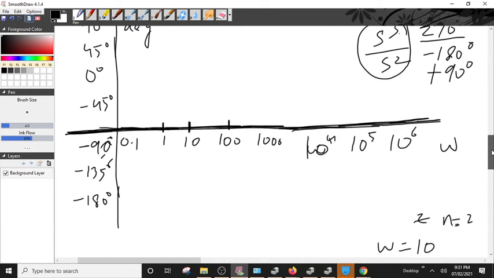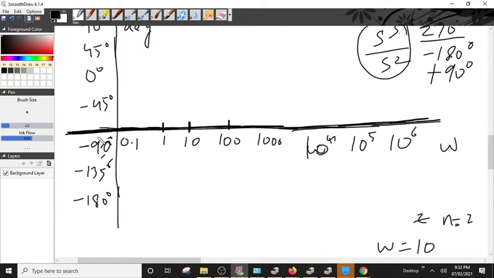So the line will be straight up till we hit 1, not 10. Break frequency is 10, but it should start at the previous decade, and we should move 90 degree per decade. So one decade is from 1 to 10, so it should move 90 degrees.